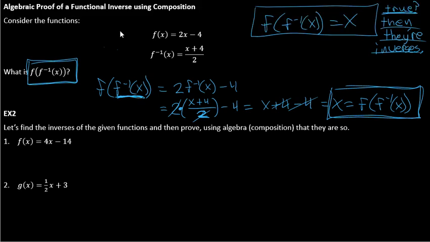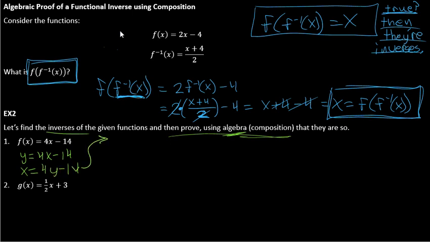Okay, so let's see how this works. Let's find the inverses and then prove using composition of functions, using algebra, that they are so. So f of x equals 4x minus 14. I'm going to revert and say that this is y equals 4x minus 14. I'm going to do the flipperoo: x equals 4y minus 14.